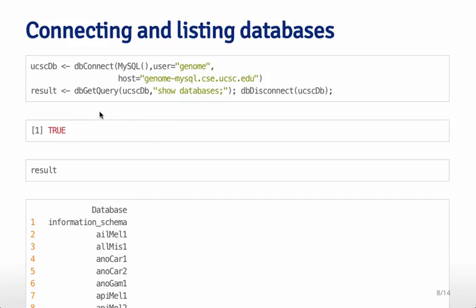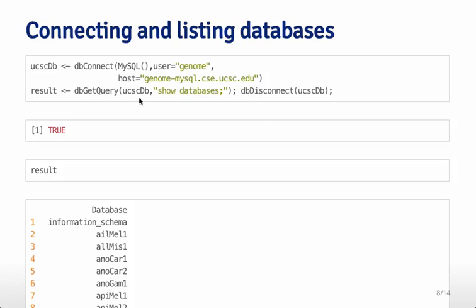And then what you can do is actually apply a query to that database, using the dbGetQuery command. What that does is it'll go to the connection, in this case the connection to this database, and it'll run this MySQL command. So this actually isn't an R command. It's a MySQL command that we're sending to this database through the dbGetQuery function.